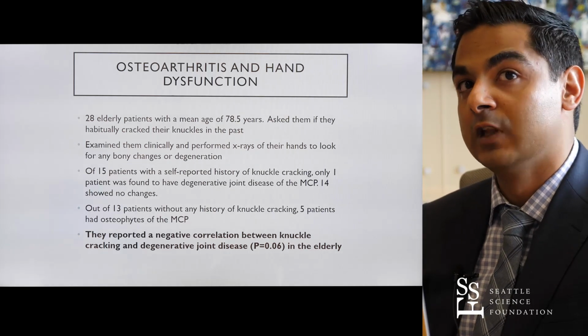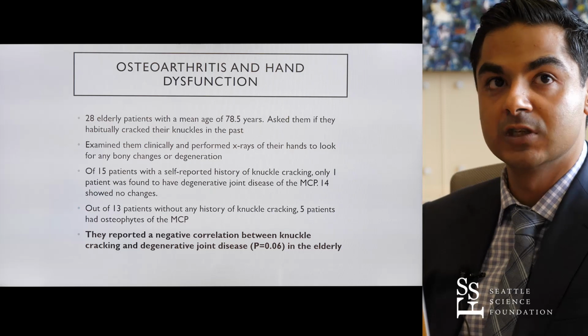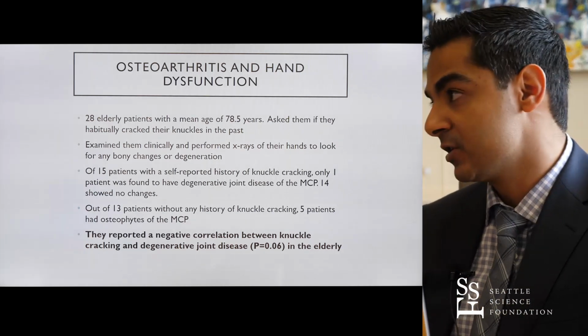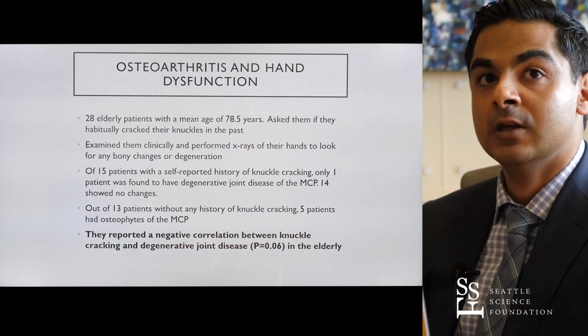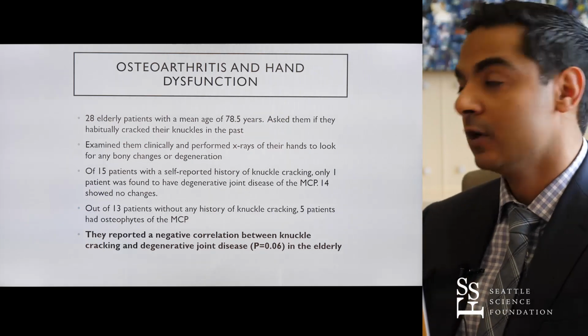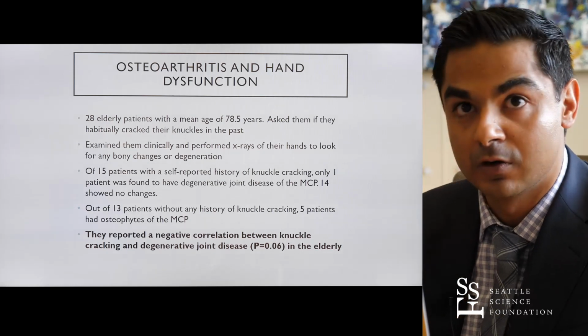Out of the 15, only one patient had degenerative joint disease, and 14 showed no changes. And out of the 13, 5 patients had osteophytes of the MCP. So they actually showed a negative correlation, like people who did not crack their knuckles had higher prevalence of osteoarthritis.